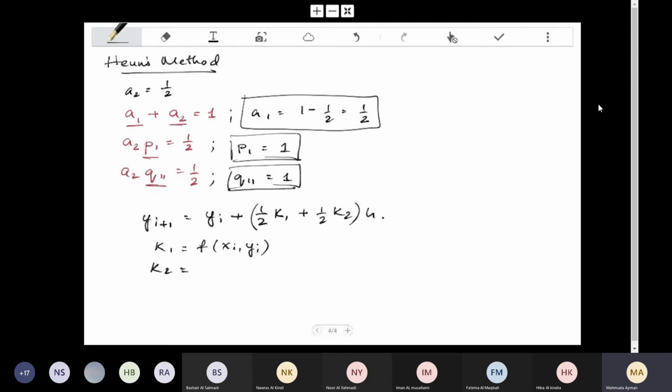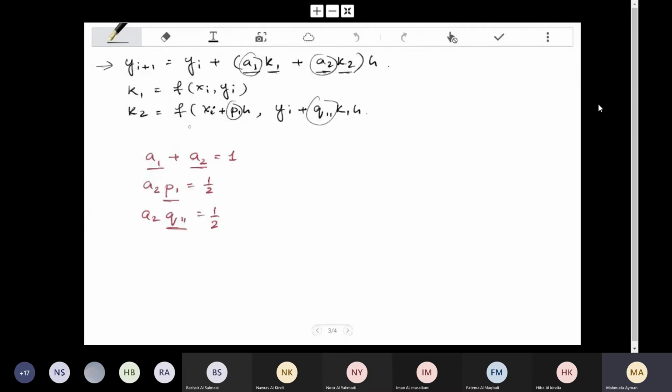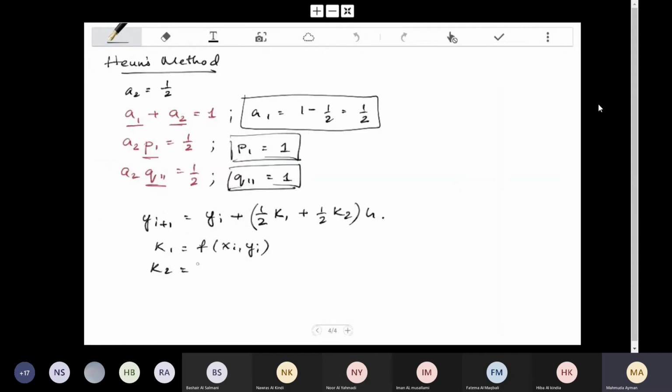And for K2, we have here the function xi plus p1 times h. The p1 value as we got here is 1, so 1 times h is h itself.